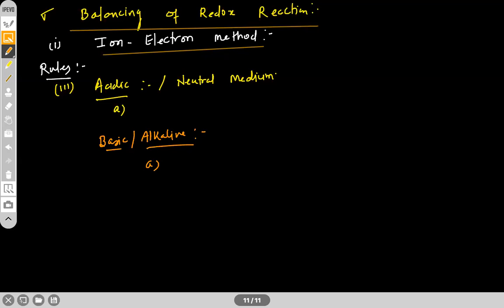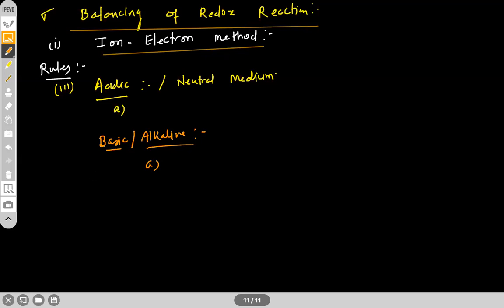Excess oxygen atom is balanced by adding H2O molecule on the same side and OH minus ion on the other side.